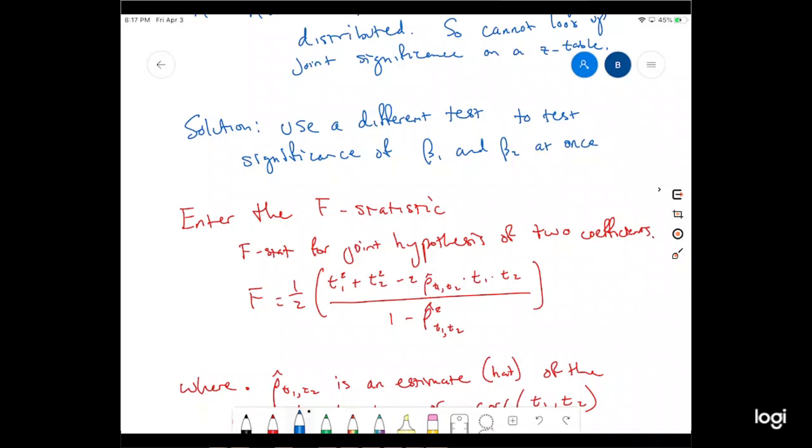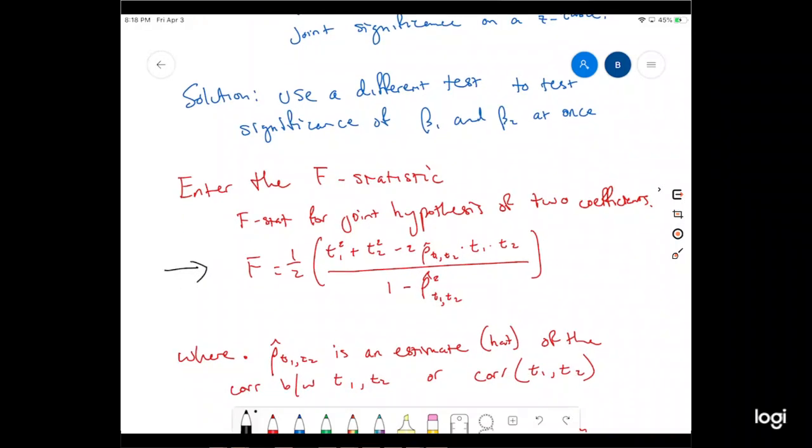The F-statistic for joint hypotheses about 2 coefficients is given in the following equation here. This is the F-statistic. It's equal to 1/2 times (t1 squared plus t2 squared minus 2 times rho hat t1 t2 times t1 times t2) over (1 minus rho hat squared t1 t2).